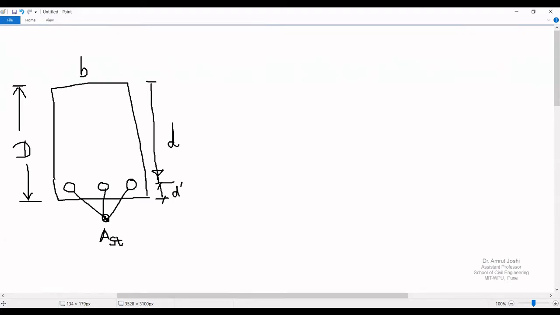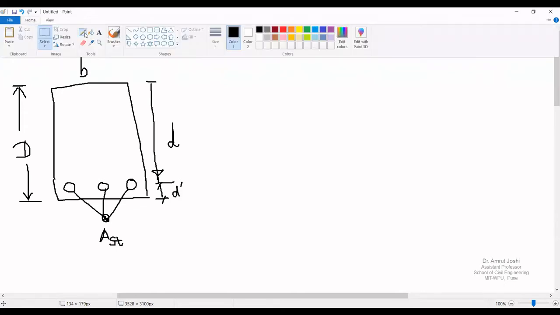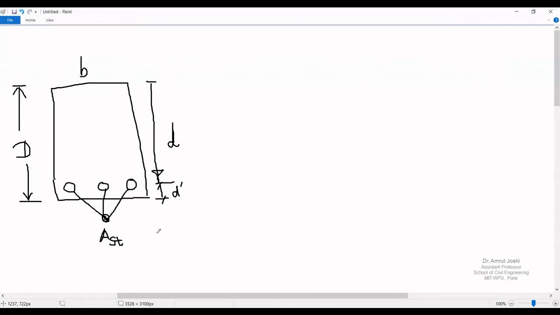Now let us ask ourselves a question. How does the bending strain distribution diagram look at failure for this beam? That will depend upon how much area of steel you are providing. So let us make three cases. Case number one, where you are providing large area of steel.